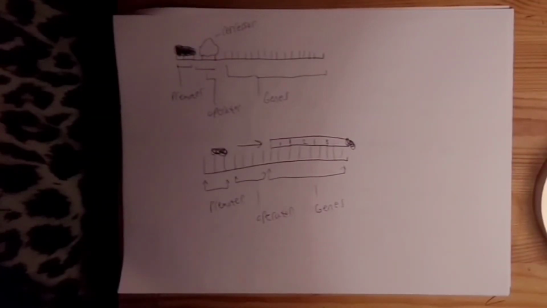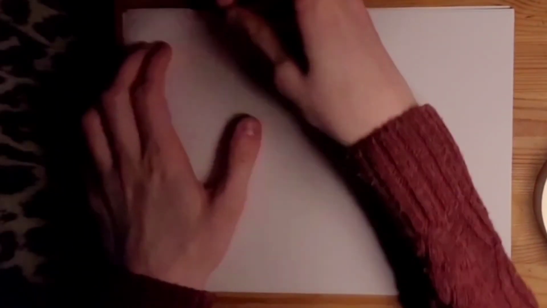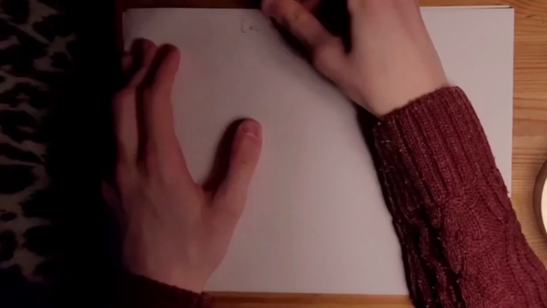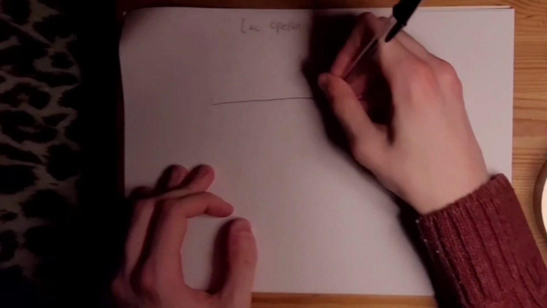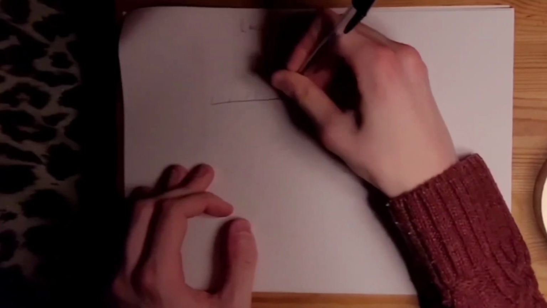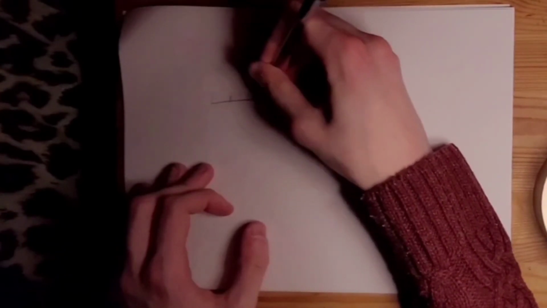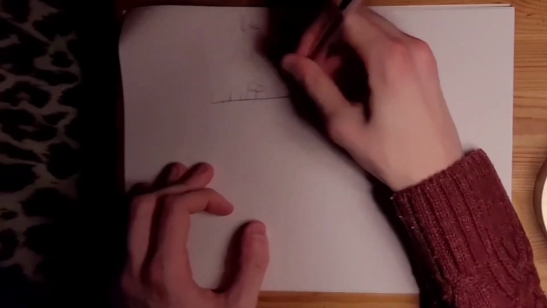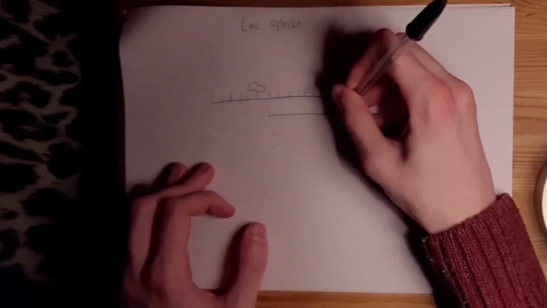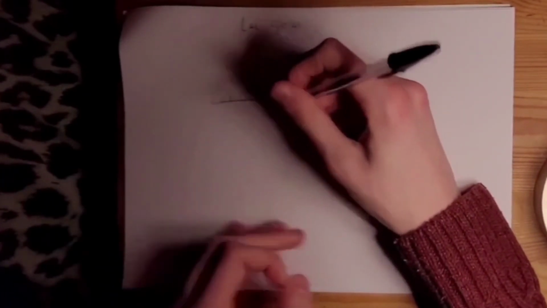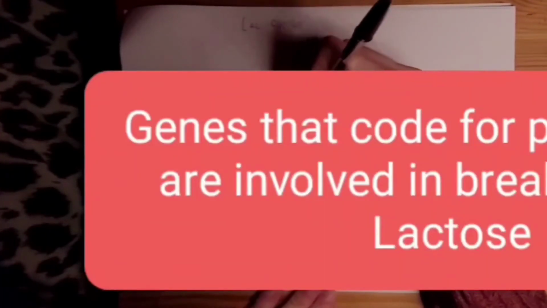I'm going to give you an example of an operon that occurs in bacteria called a lac operon. Now imagine a situation where you've got some genes that break down lactose in the cell.